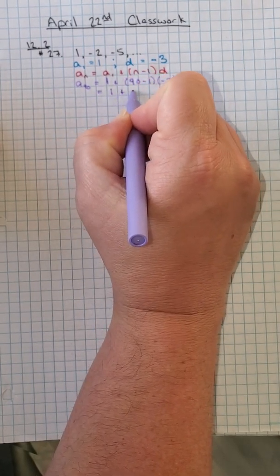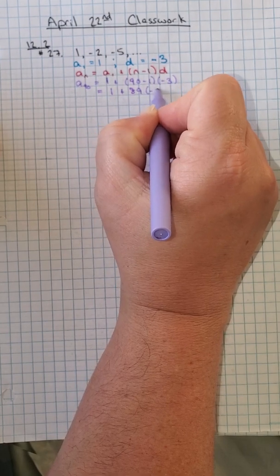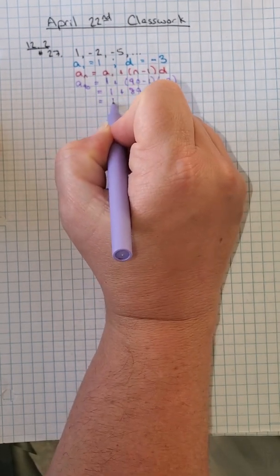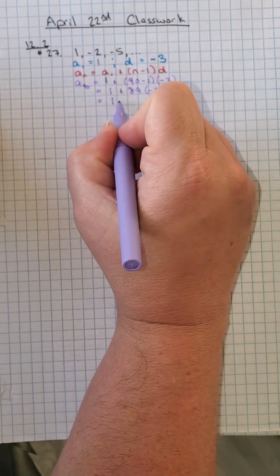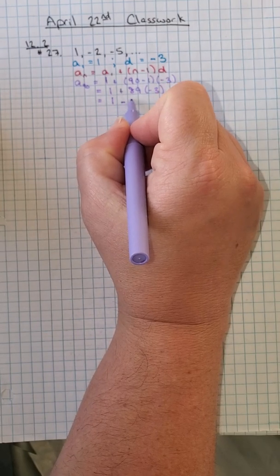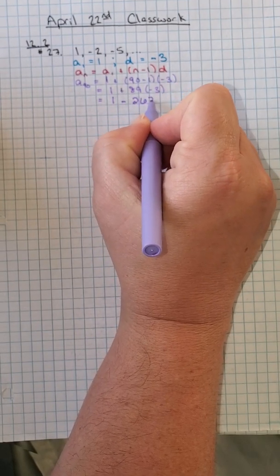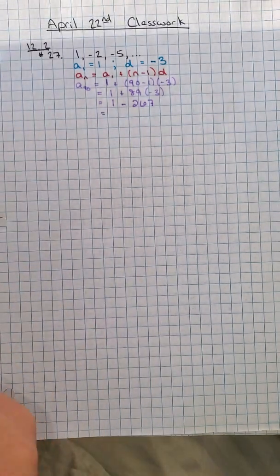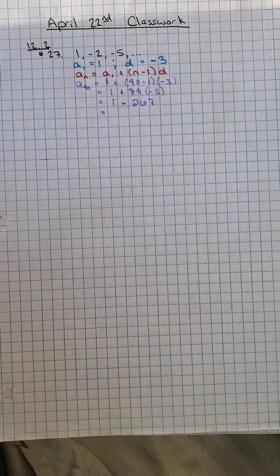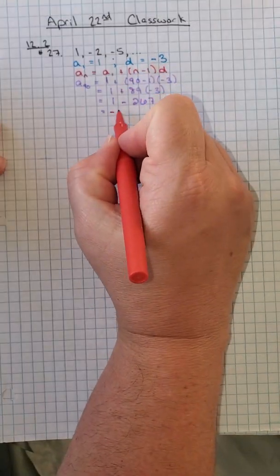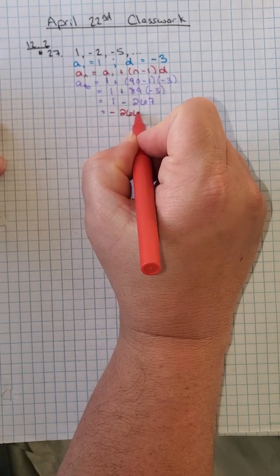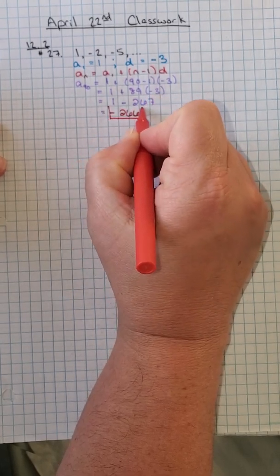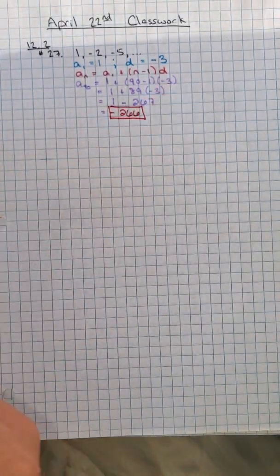So that's 1 plus 89 times negative 3, or 1 minus 267, which will give us our answer, which is negative 266. That's the 90th term.